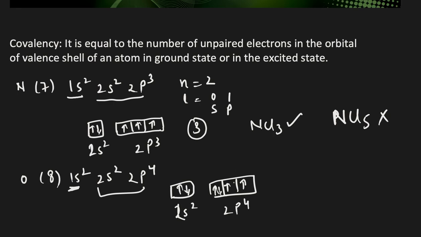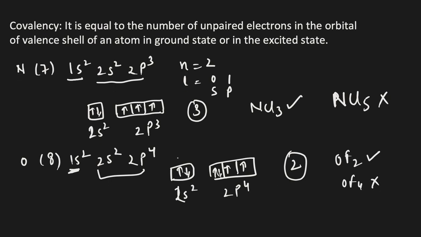So how many unpaired electrons are there? 2, right? So its covalency is 2. Okay, so that is why OF2 is possible, but OF4 or maybe OF6 is not possible in case of oxygen.